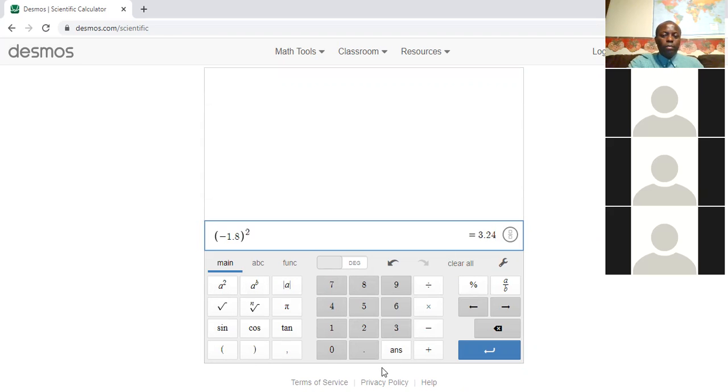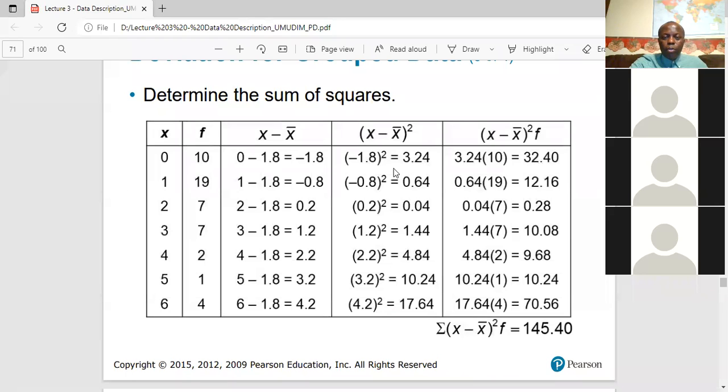Which you can see from the chart here, 3.24. So you follow the same process, negative 0.8 squared gives me this. Square all of them.